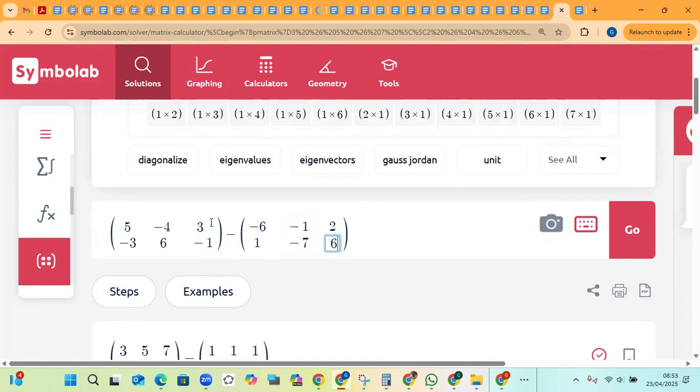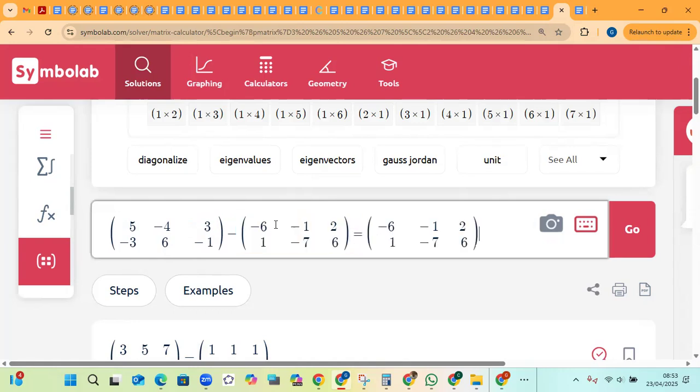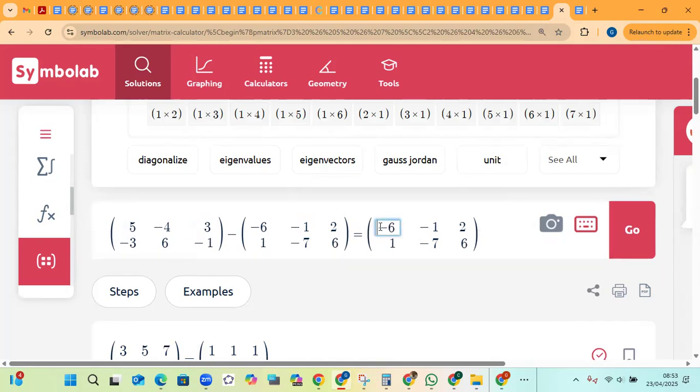So we need to subtract elements that are corresponding, and our final answer will also be another 2 by 3. Okay, so I can just copy this. Right, so it's 5 subtract a negative 6. Negative 4 subtract negative 1.